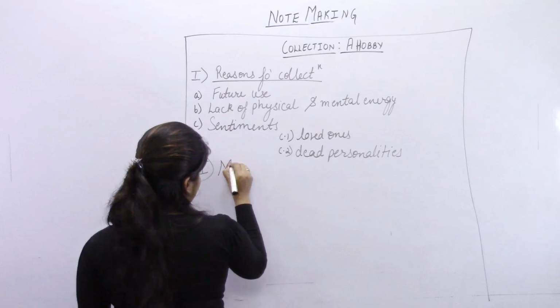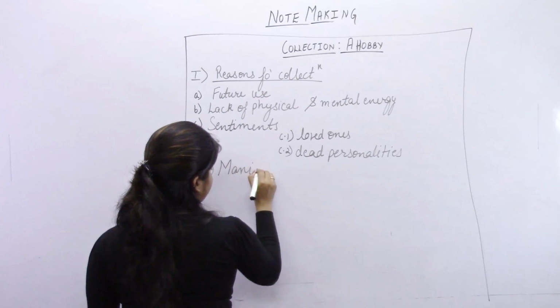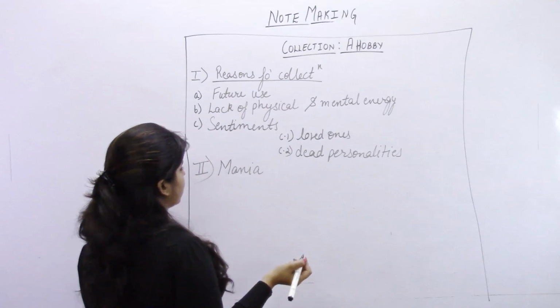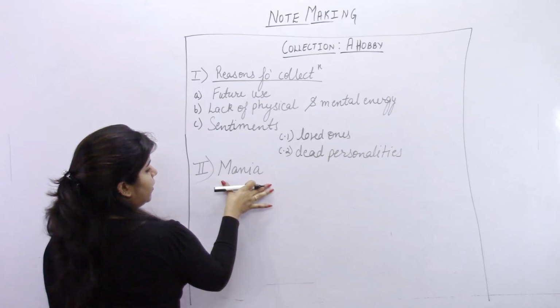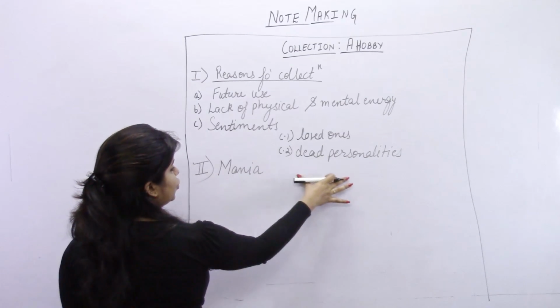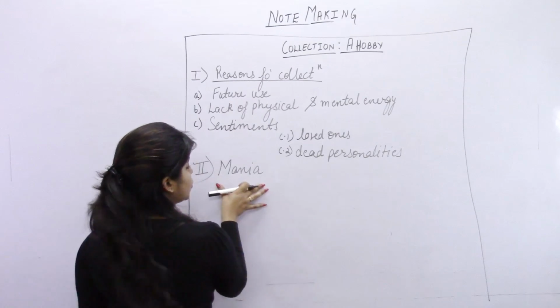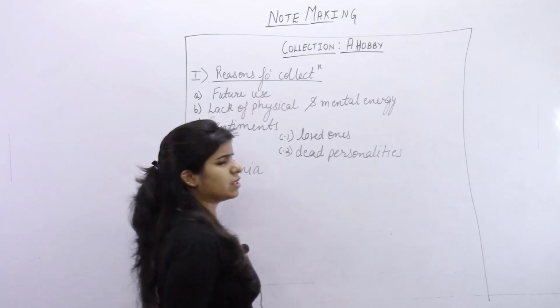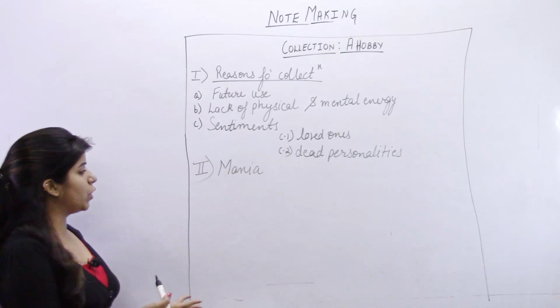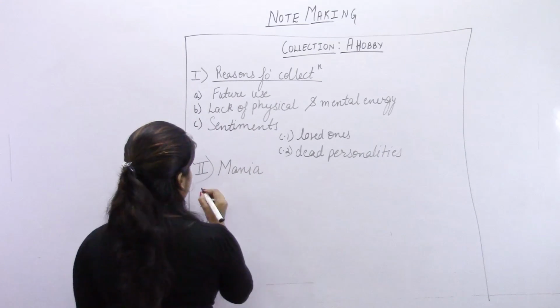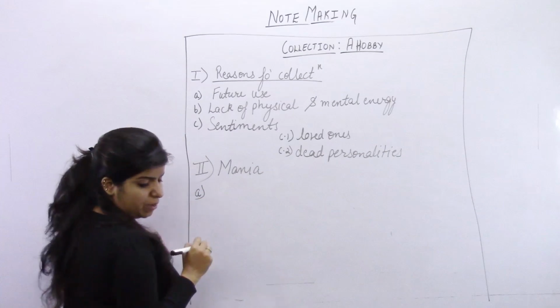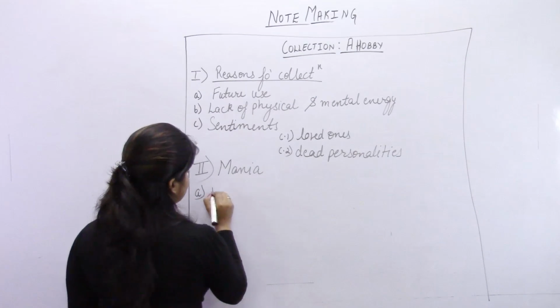We can use directly the word mania over here, or you can write collection, a habit to reduce wastage, or collection, a habit to avoid wastage. It's up to us, whatever we want to write. So as I have written mania over here, I'll be writing the main point like it avoids wastage.